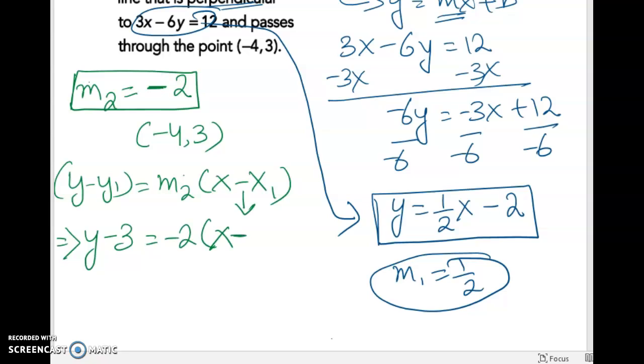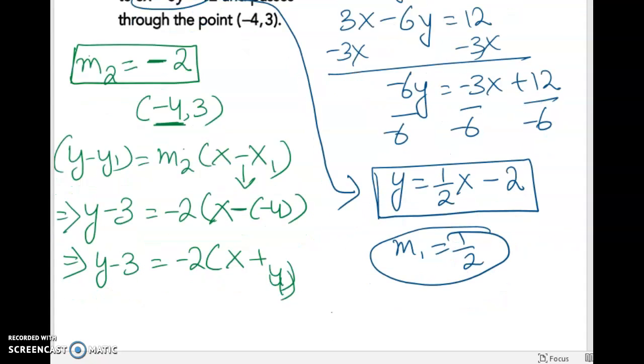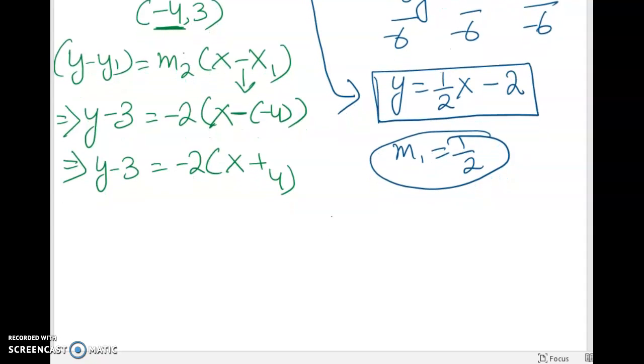Do write the negative sign here and then see what is x1. x1 is negative 4. Negative 4 right here, wonderfully well. Let's simplify it. y minus 3 equals negative 2 times x minus negative 4, and negative and negative will become positive. Let's open the grouping now.